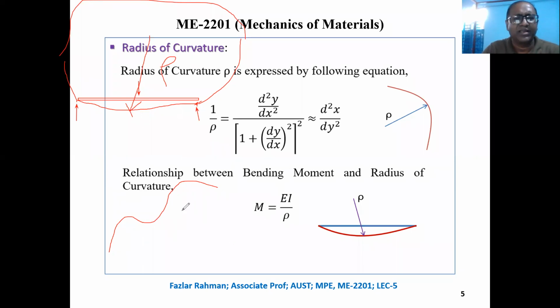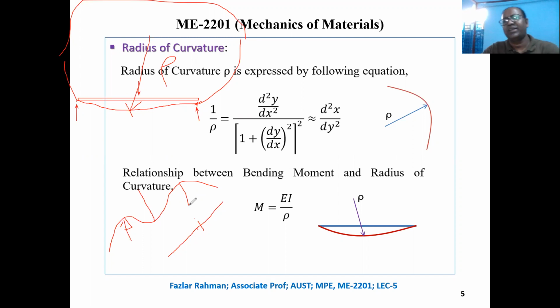Similarly, you see right over here, this is a graph, right? I am saying this curve, not a straight line. So what is the difference between a curve and a straight line? In a straight line, you will have constant slope, but in a curve, the slope varies at every point, and the slope also varies with the radius at this point. Right over here you have one radius, right over here another, right over here another radius.